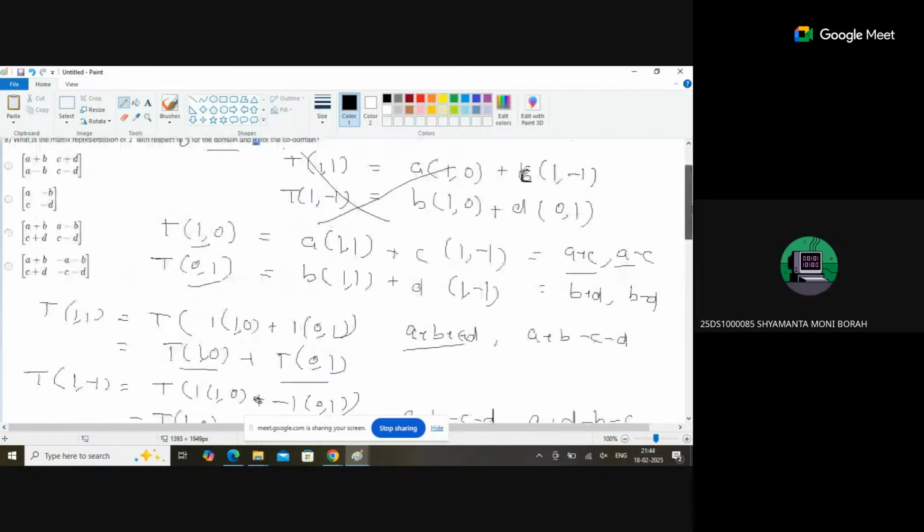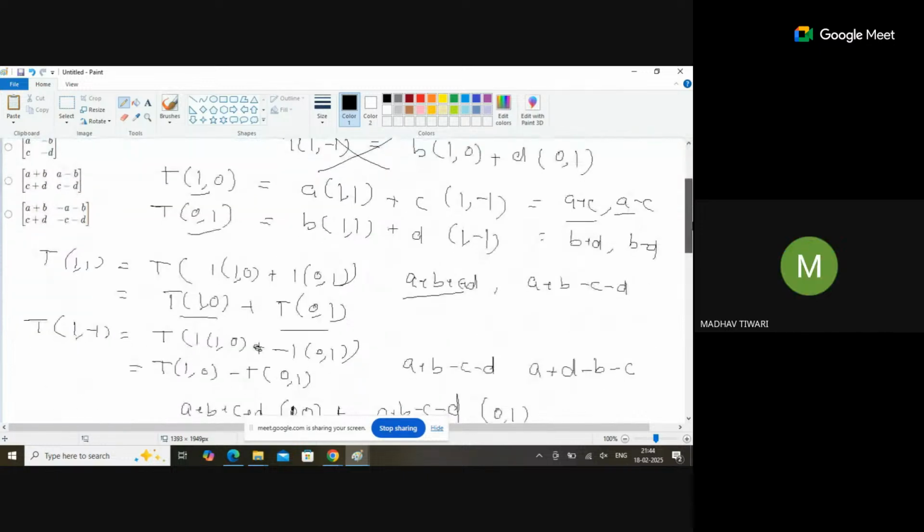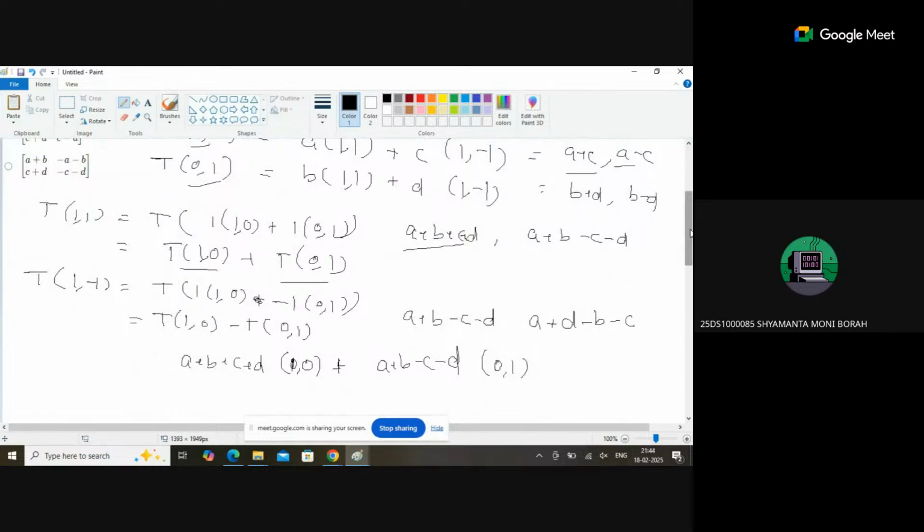Something wrong? Sir, in the second one, can you go down? Yeah, it will be a plus c minus b minus d, right? A plus c. Why? We are subtracting (0, 1). So what is the (0, 1) transformation? It is b, d minus d. We are subtracting this.